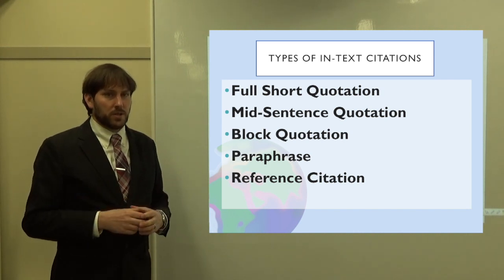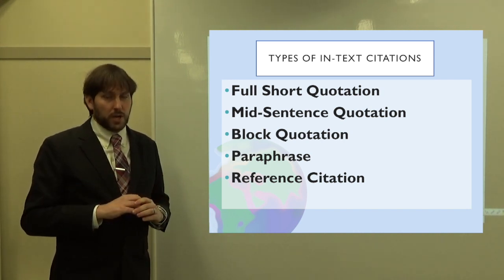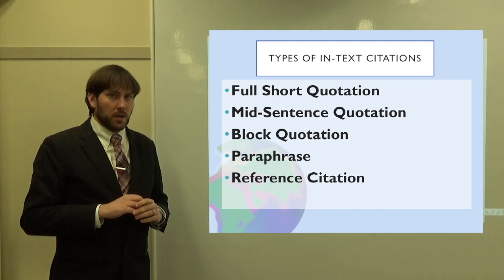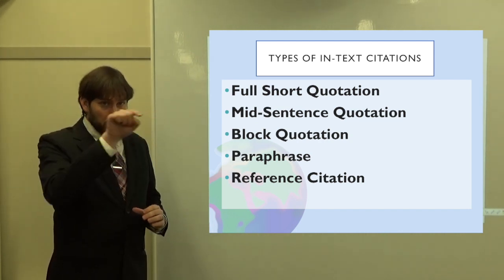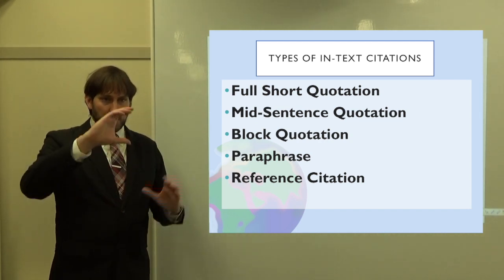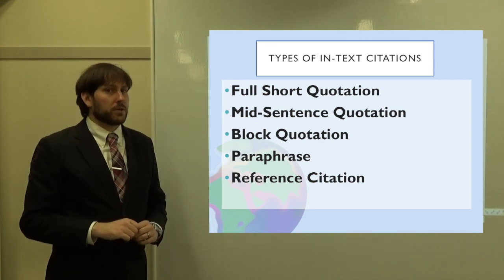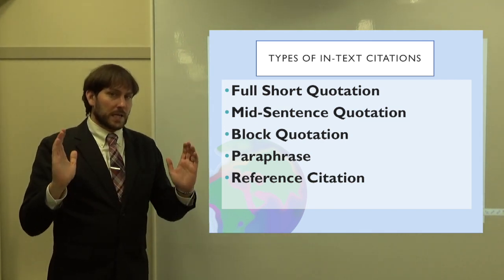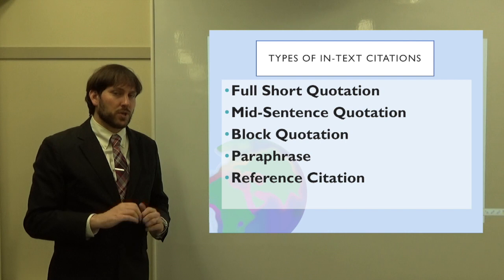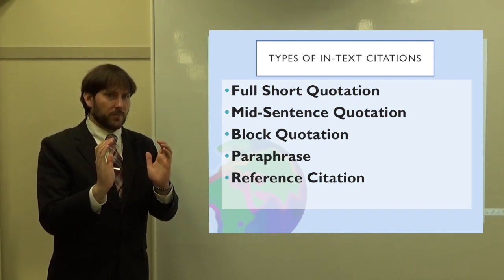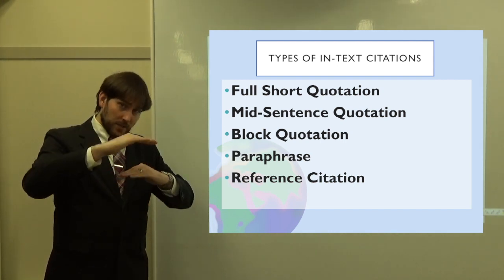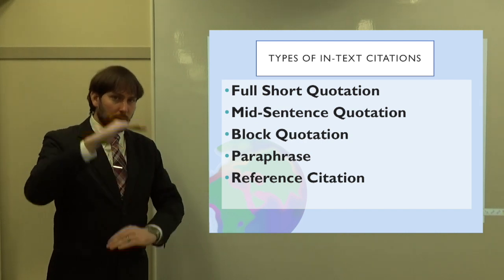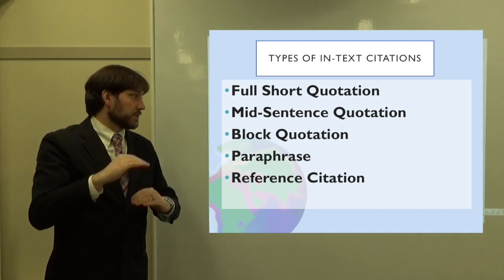Third, a block quotation. A block quotation is a long quote. When a quote is very long, instead of putting it in the flow of the paper, we will put it into a big block that occurs in the paper indented. So we have to push it in further than the paragraph, and often it is single spaced. Most of the paper is double spaced, but block quotes are single spaced.